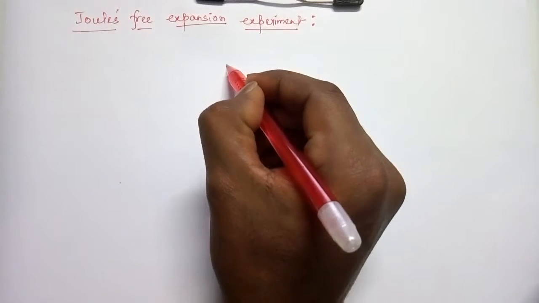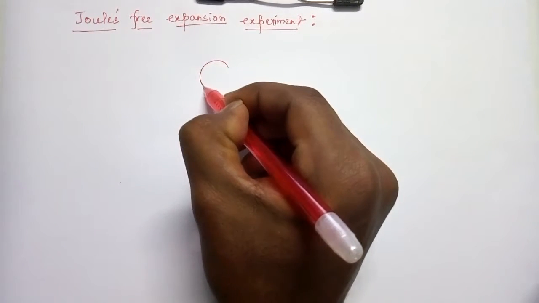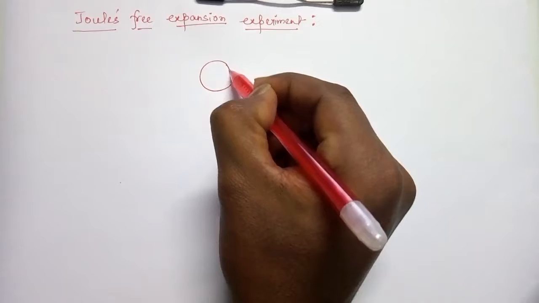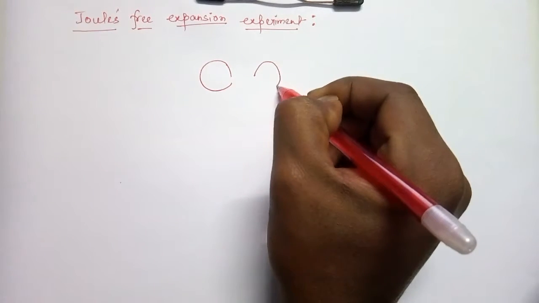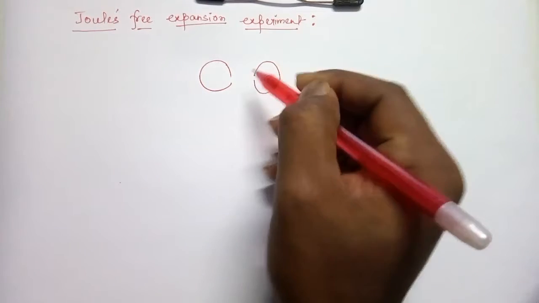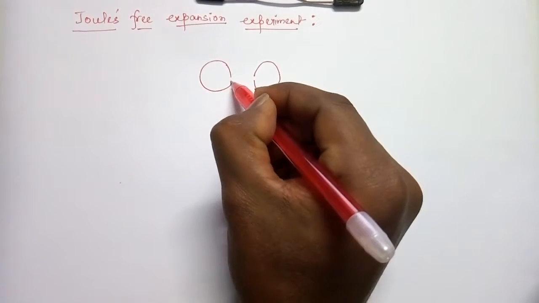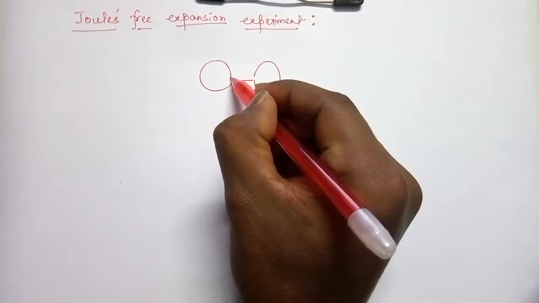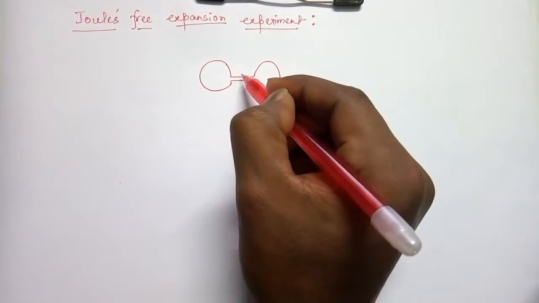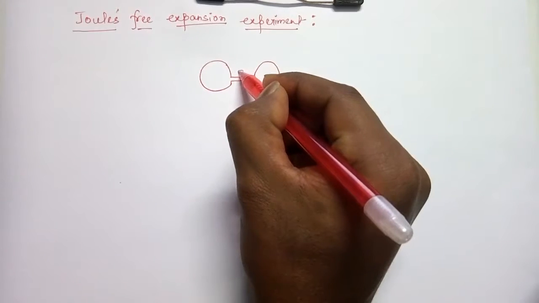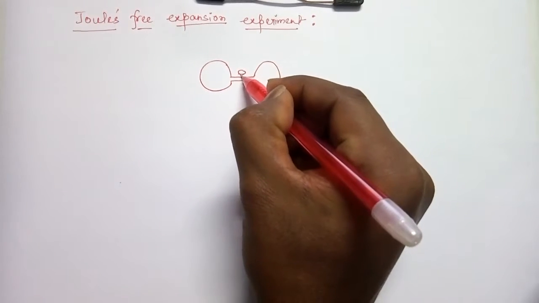Joule took two bulbs. This is one bulb and this is another bulb, joined by a connecting tube and covered by a stopcock, or attached with a stopcock.